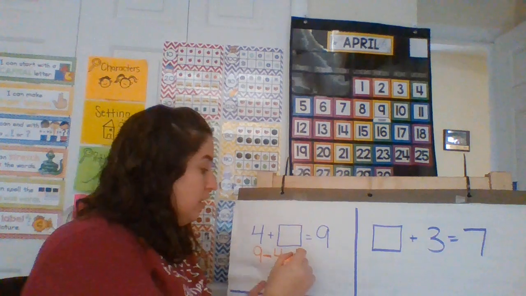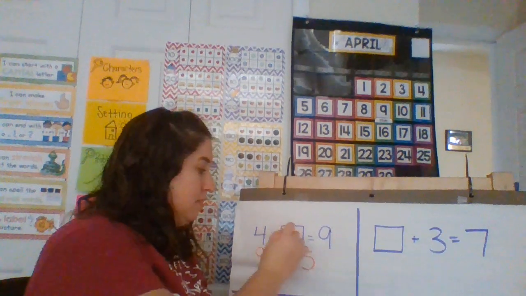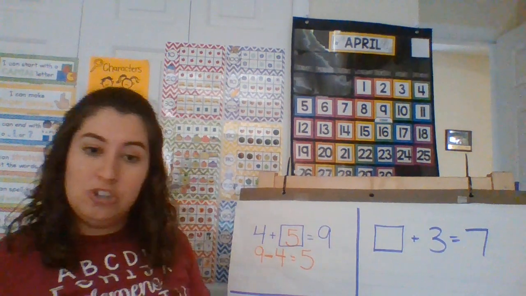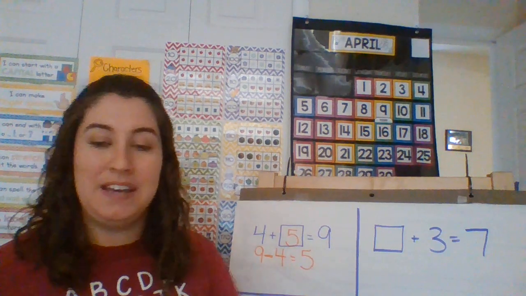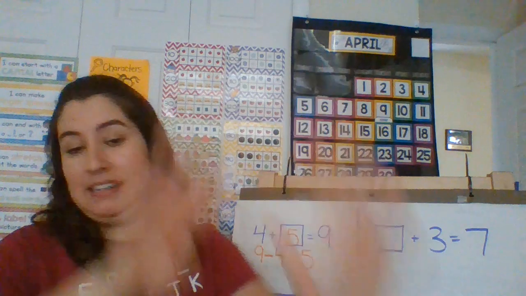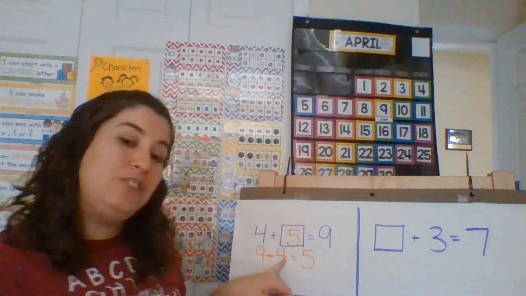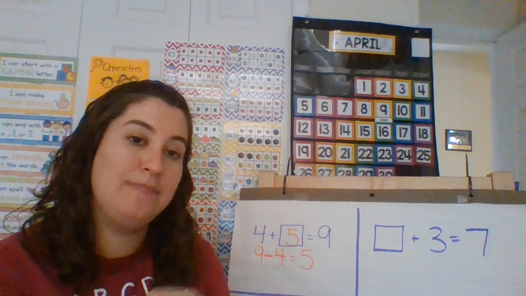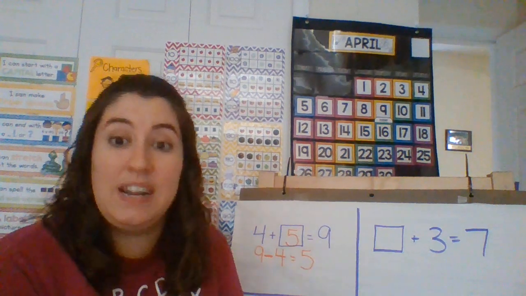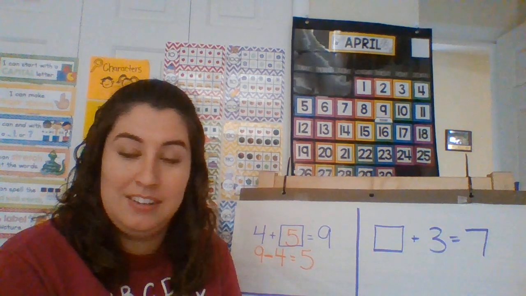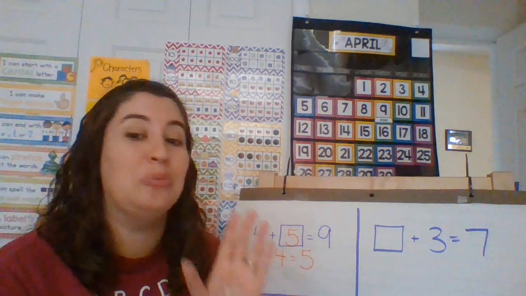So your answer is 5. So your missing addend is 5 because 4 plus 5 more makes 9. You're already doing the subtraction without realizing it. I'm just showing you that you're already doing it. Okay, so it's nothing new. Don't freak out. You're already doing it, you just don't realize it.